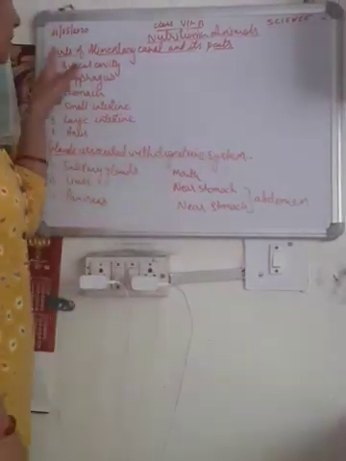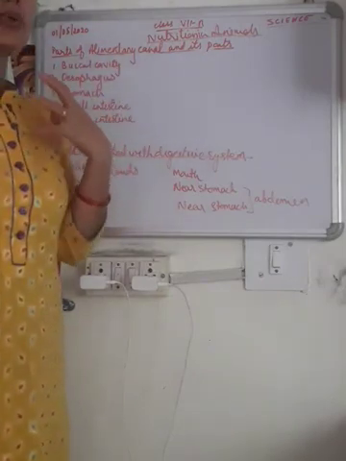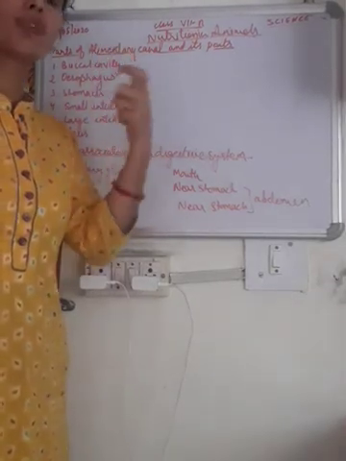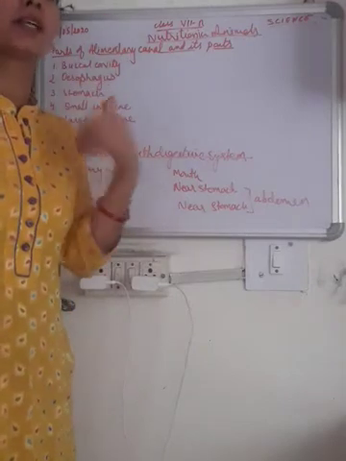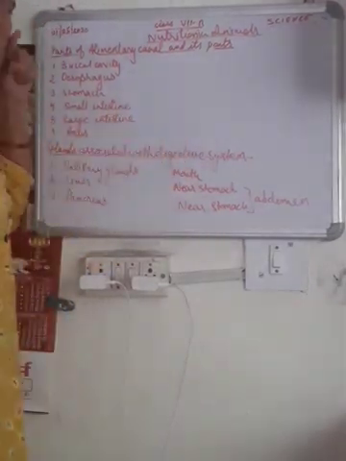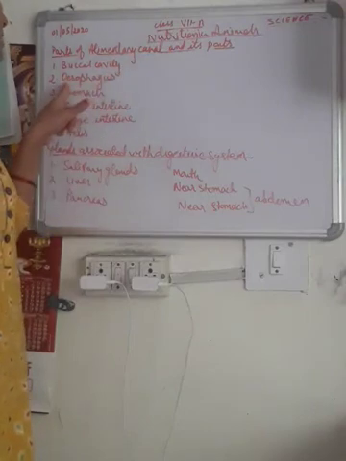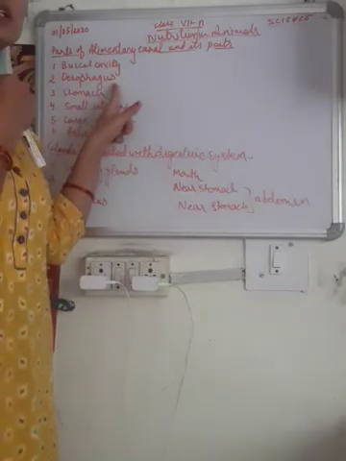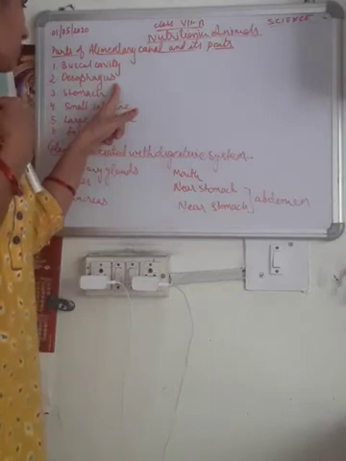Number one is the parts of the alimentary canal. You can say it is just a kind of pipe which takes different shapes at different parts of our body. It begins at the mouth and it ends at the anus. The first part is the buccal cavity, which is in your mouth. Then second is the esophagus, also known as the food pipe, which is in the throat or neck of your body.